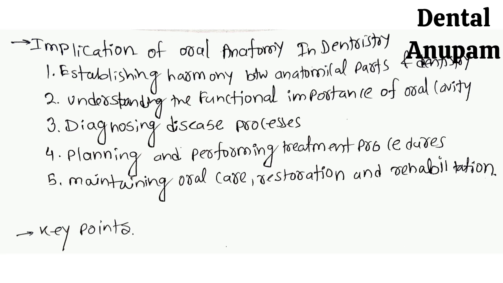It provides us with an understanding of the channels and routes for spread of disease processes from the mouth to the body and vice versa, such as the occurrence of cavernous sinus thrombosis secondary to perineal infections.